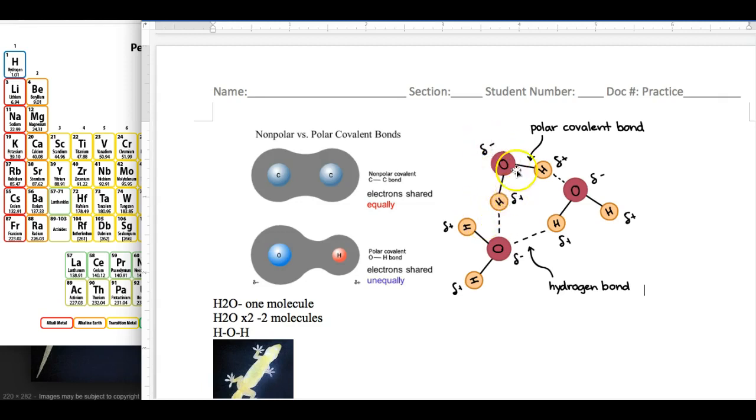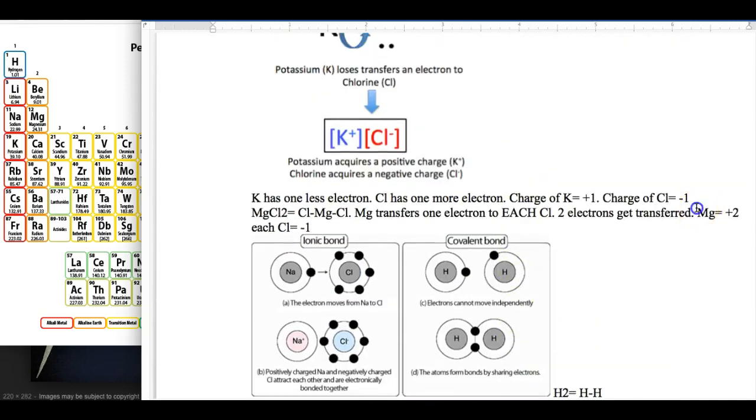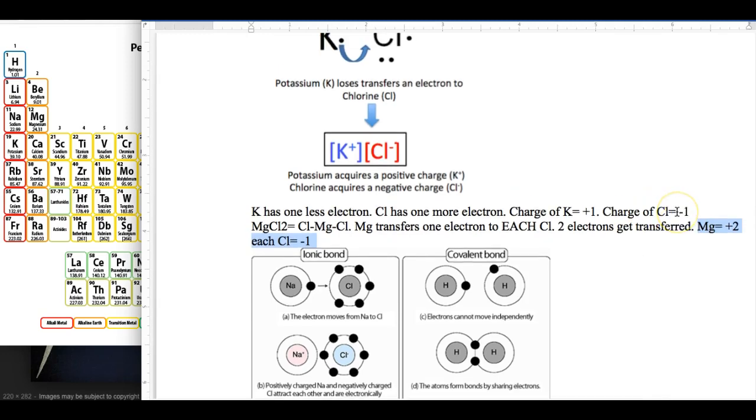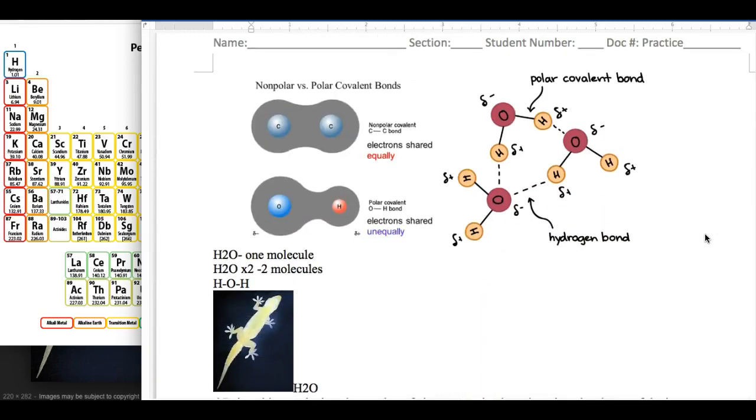These are still partial charges, unlike the full charges of ionic bonds. You only get a full charge if there's a transfer of electrons, if an ionic bond is being formed. You could get a partial charge if there is a polar covalent bond.